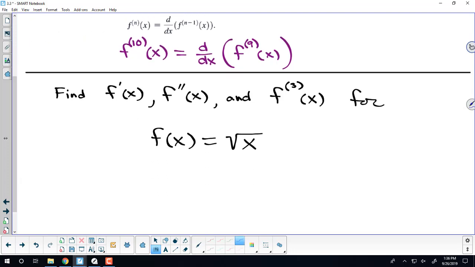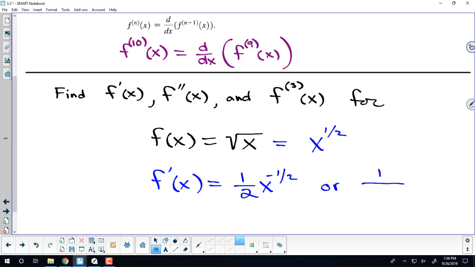So like we mentioned last time, if you see any radicals involved, you just want to think about them as their corresponding powers in order to take the derivative. We've seen the first derivative as 1/2 x to the negative 1/2. Or, you know, we wrote that in another way. We said that's 1 over 2 root x.